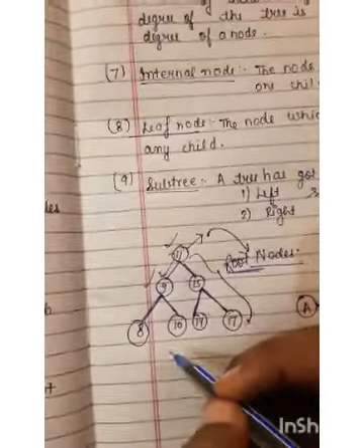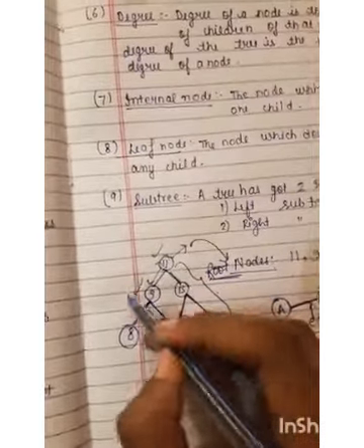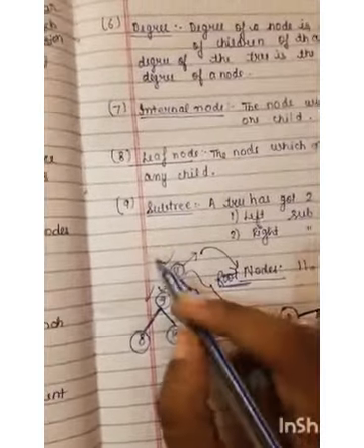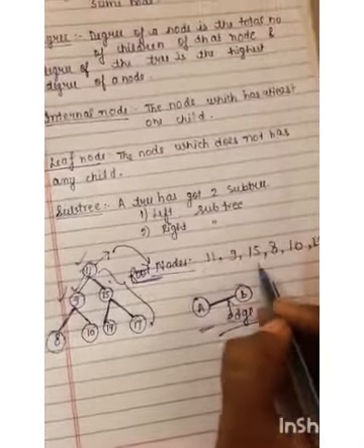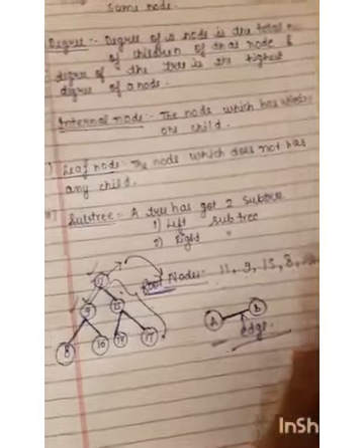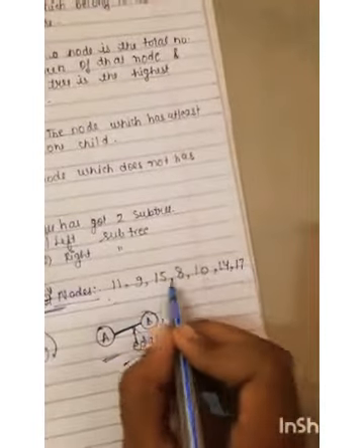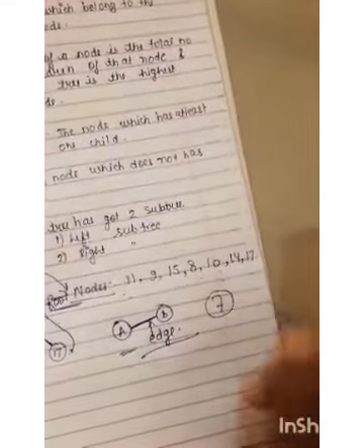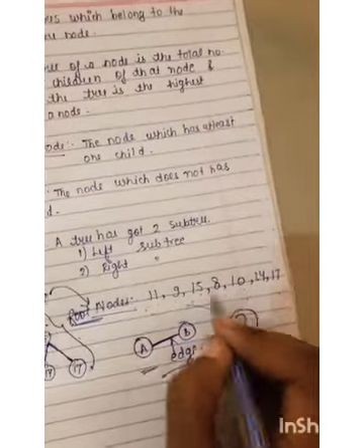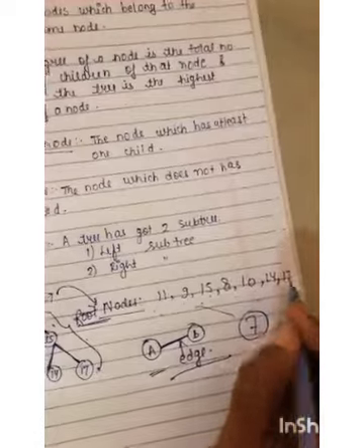Now I will request you to first tell me how many nodes are here. What are the names of the nodes? That we have already written: 11, 9, 15, 8, 10, 14. But how many are there? 1, 2, 3, 4, 5, 6, 7. So here are a total of 7 nodes, which are 11, 9, 15, 8, 10, 14, 17.